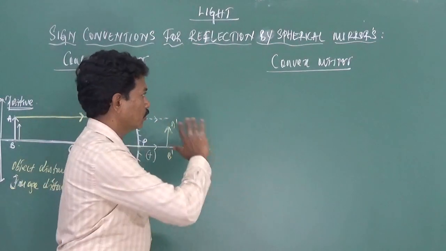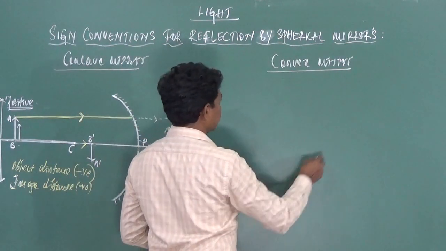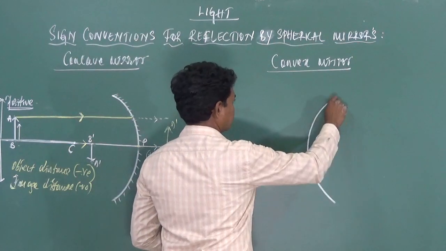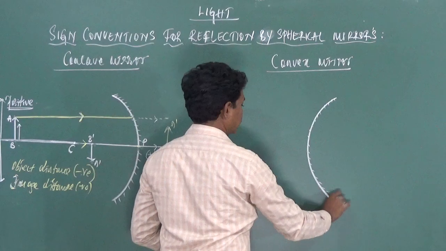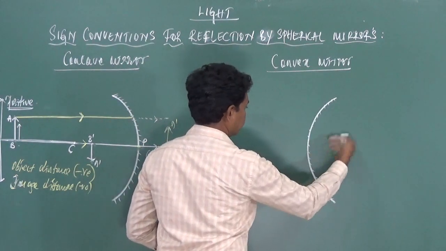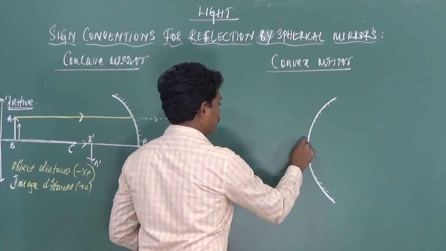Let us go with convex mirrors. Same thing happens here also. Let us take a convex mirror. So this is the convex mirror. This is the rough surface, silvered. So the outer surface will be the reflecting surface and the inner one will be silvered. This is the whole of the mirror.